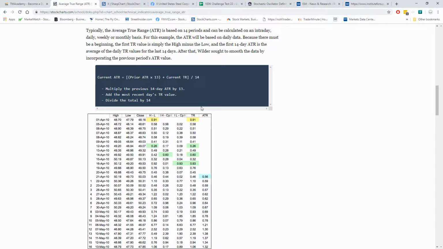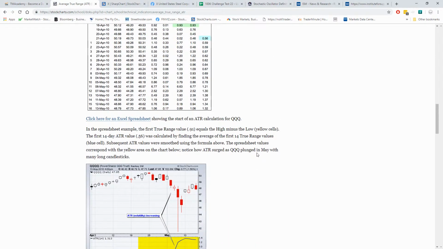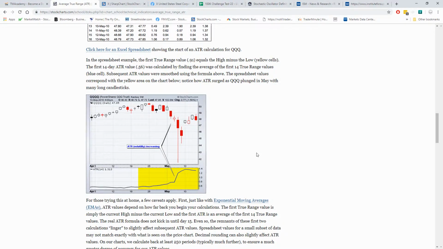Is this stock moving more now? Are its highs and lows a lot further apart than they used to be, or closer together? It's a very simple indicator, but has some very profound implications, especially for option traders.